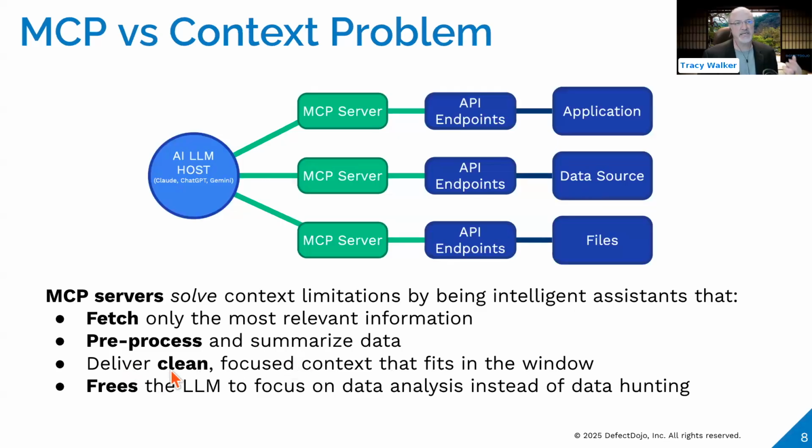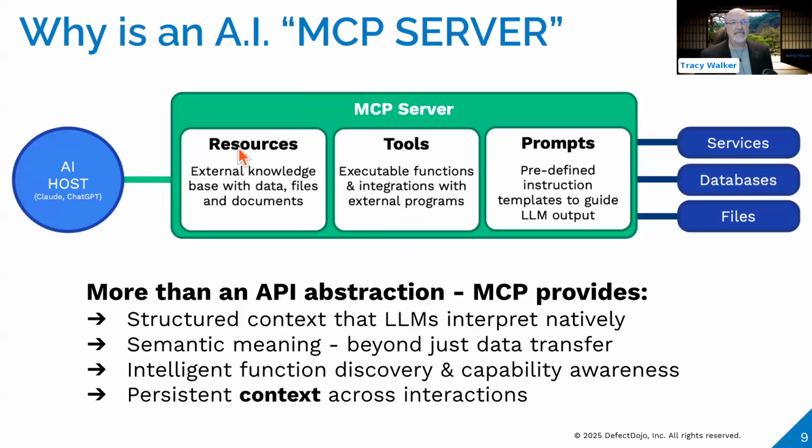There's some pre-processing and it can deliver information that can stay within the context of that window. So then the LLM can focus on all the analysis it's doing based on the results that it's getting from the MCP. So it really makes the LLM a lot more effective when it's talking to any of these resources. Now, is it 10x effective? We shall see. Let's dig a little bit deeper into what the MCP is made up of.